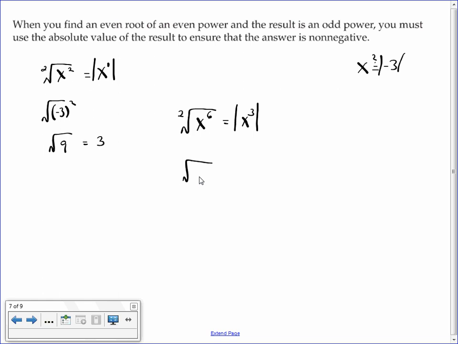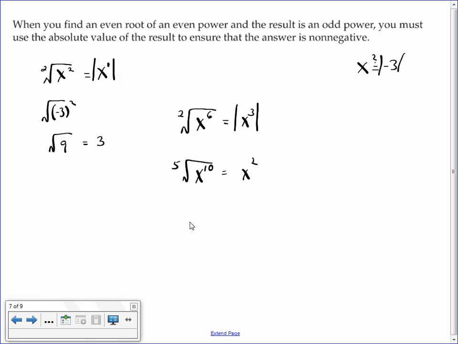Let's say I have x to the 10th, and I want to do the 5th root, okay? Well, when I do my math here, that's going to be x squared. Now, since this is even but this is odd, I don't need to worry about absolute value, all right?